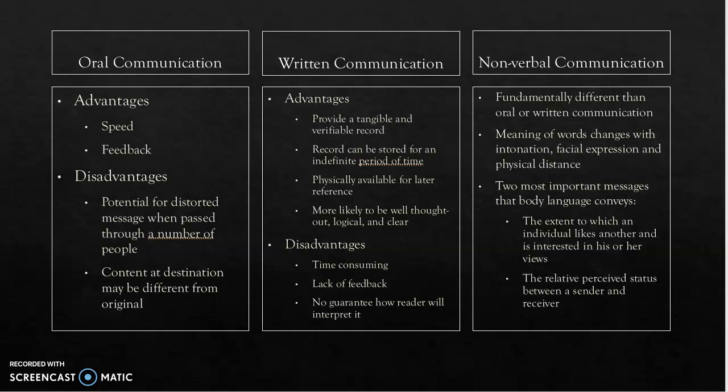And you wonder, how did we get here? How did that message get so distorted? That's one of the disadvantages with oral communication, where the content at the destination may be different from what was originally expressed, particularly if you're using like a chain of command communication there.